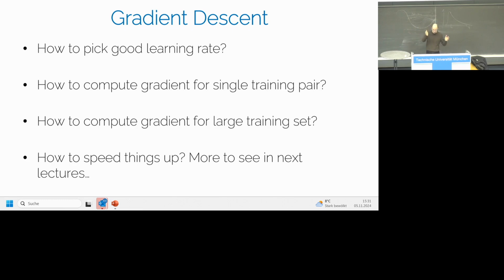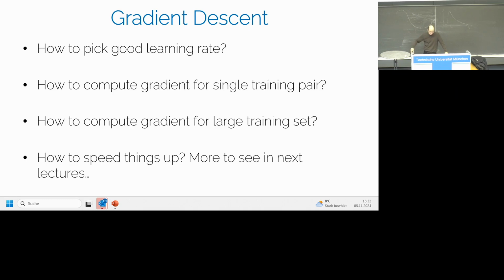As we said, the loss function can be defined as the sum over the losses for all training samples, and hence the gradient is the sum of the gradients for all training samples, right? The question, though, is can you do this if you have millions of training samples? Is that efficient?